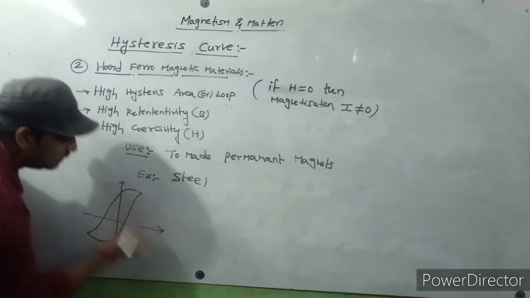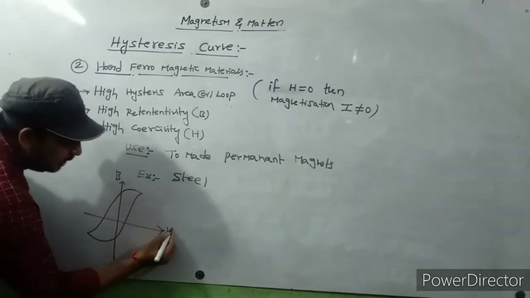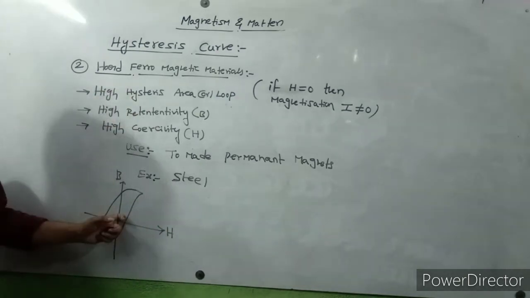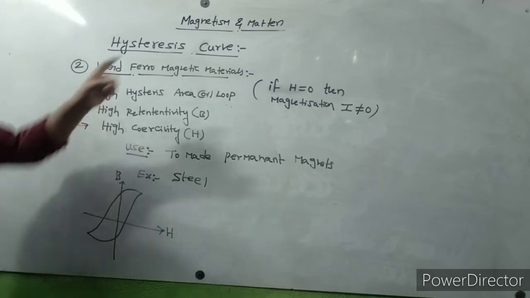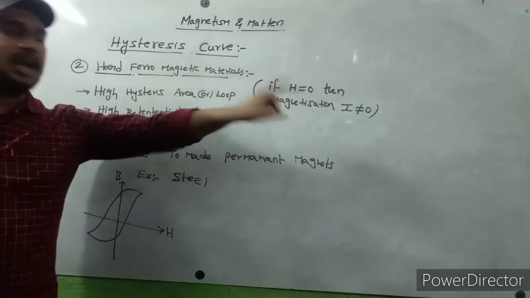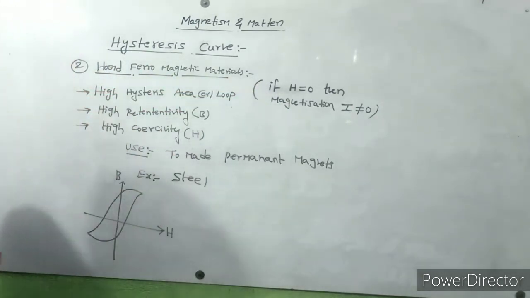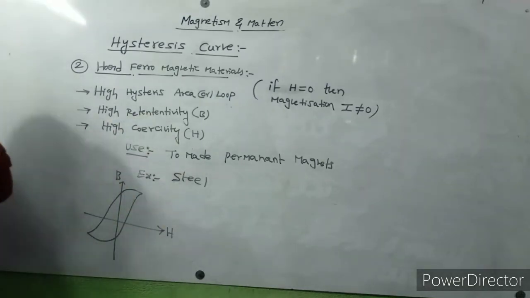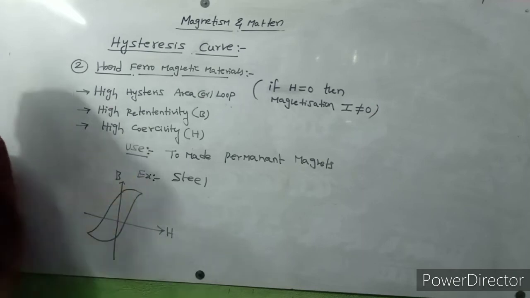This is B and this is H. So high hysteresis area, high retentivity, high coercivity. If H is equal to 0, then magnetization I is not equal to 0. Usage is to make permanent magnets. Next, the example of hard ferromagnetic material is steel.